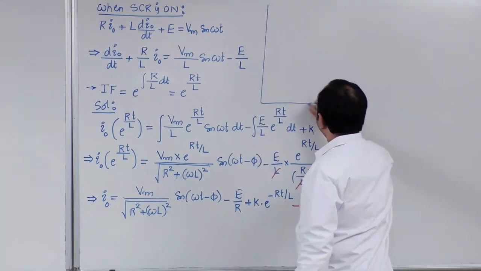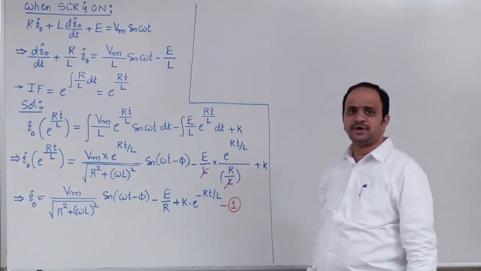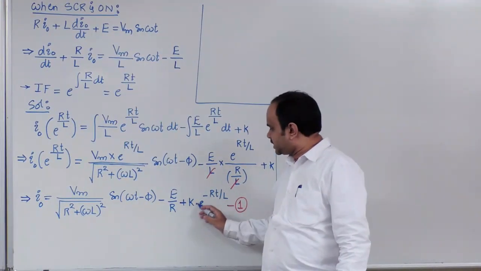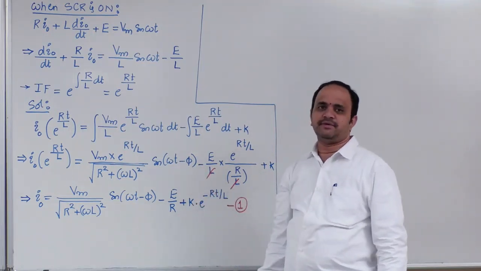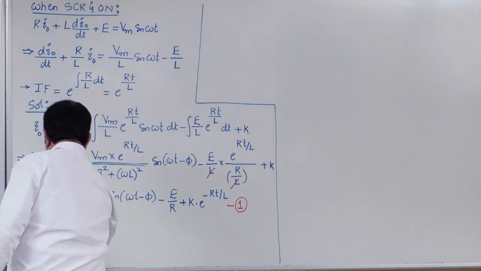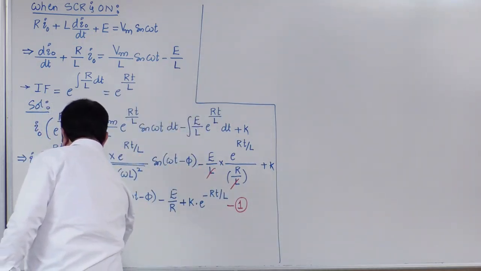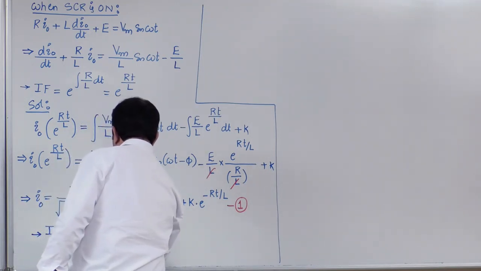Now what is required for us? We want the expression for I naught where k is unknown in this equation 1. So we have to eliminate that k value. In other words, we need to find that k value by using initial condition.